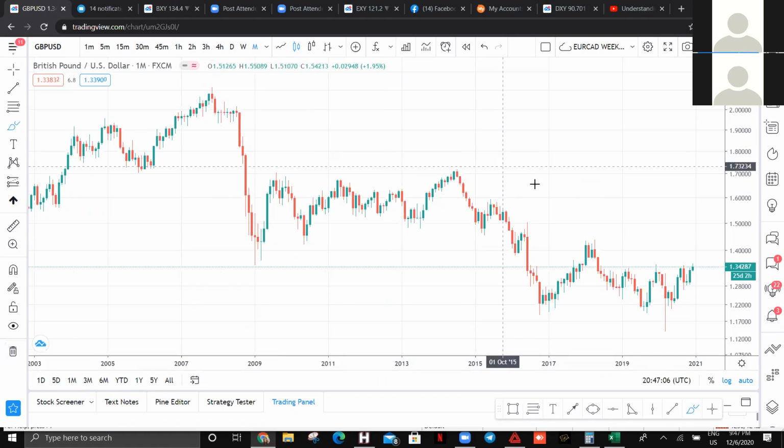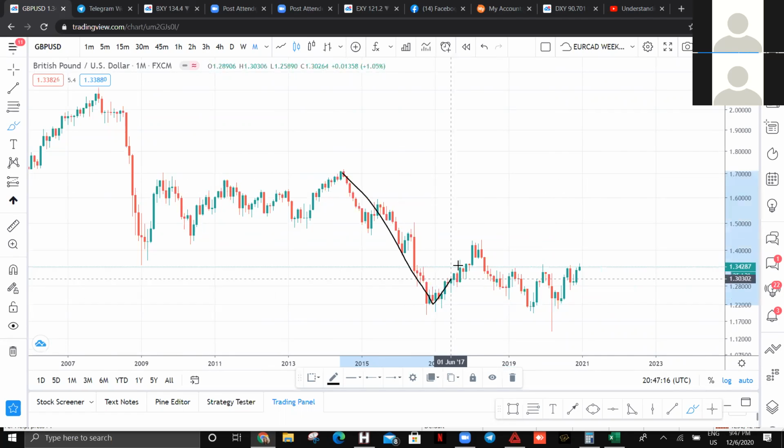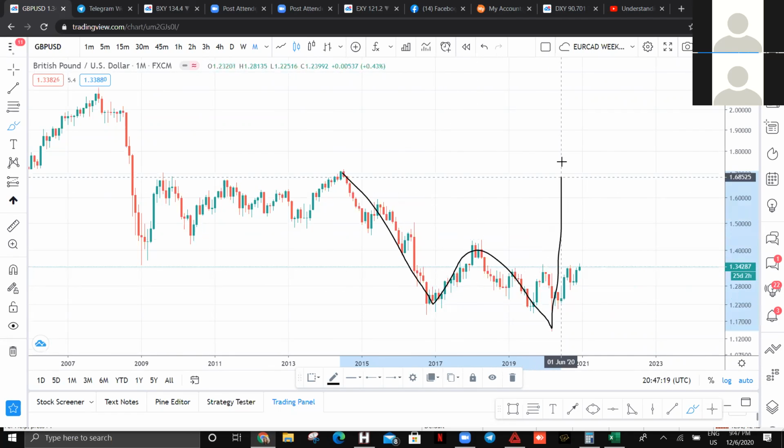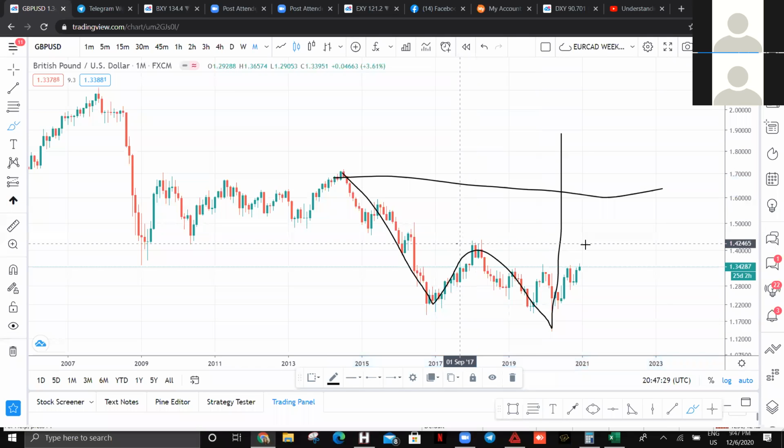This is a monthly time frame. You can see that price has done what? Let me show you what price is doing. See this beautiful W. You can see it on a multi time frame. So I'm expecting price to come to this area, but this is a monthly time frame. But before it gets to that area, it has to come to this place.